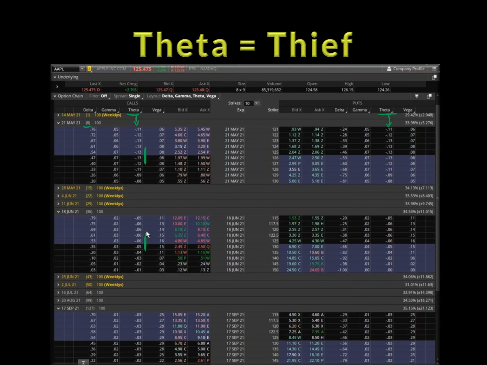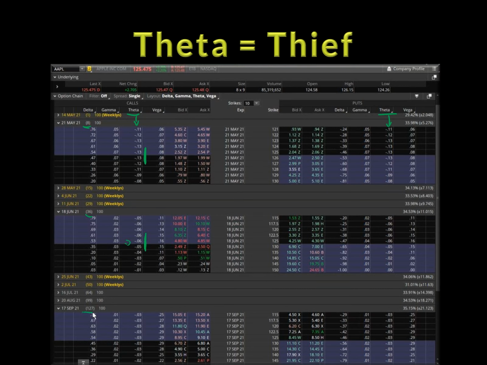But know that moving from 36 days to 8 days, my premiums, or that theta component, is going to double. During these next 20 or 30 days, it's going to double.